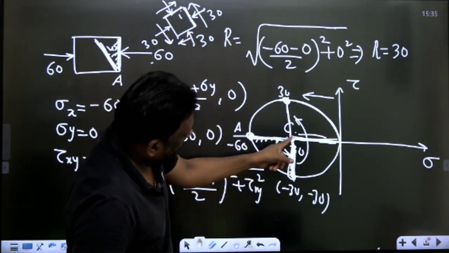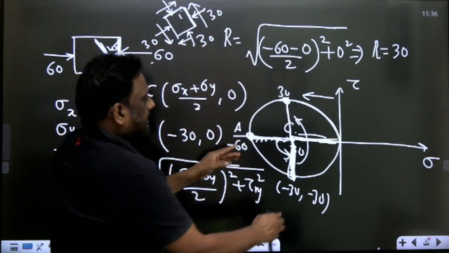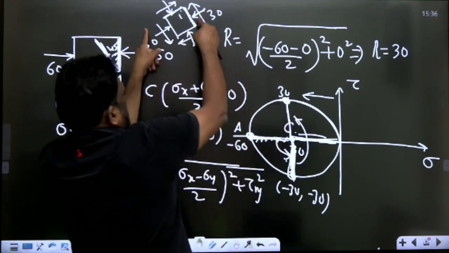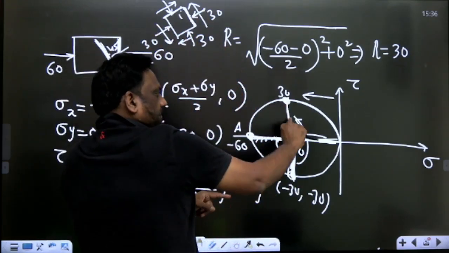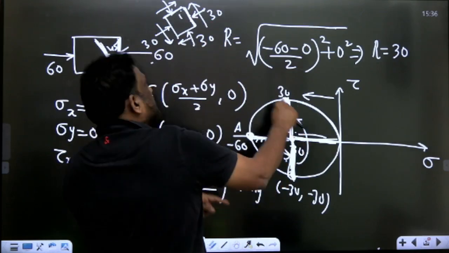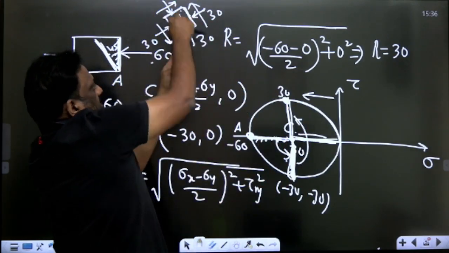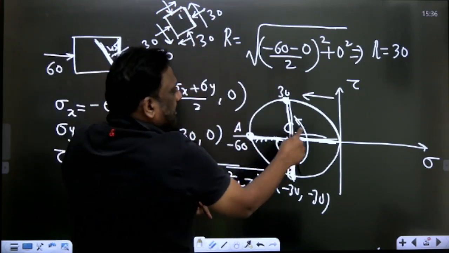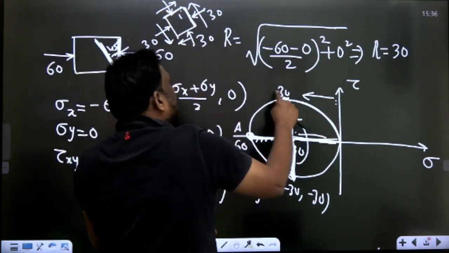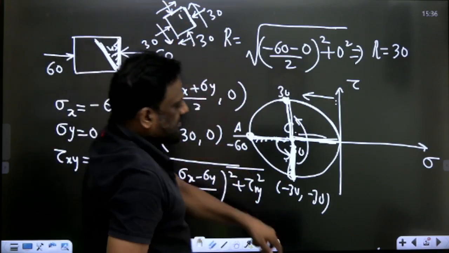So इस प्लेन पे it is minus means anti-clockwise. इस प्लेन पे it is plus 30, so clockwise. ये shear 30, and from normal stress is minus 30. So compressive is minus 30. So this is the state of stress.